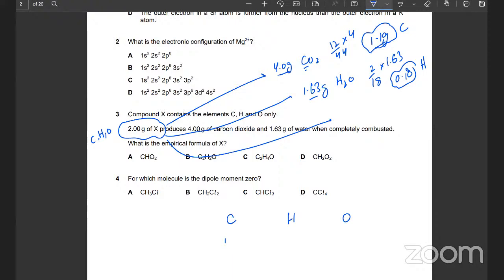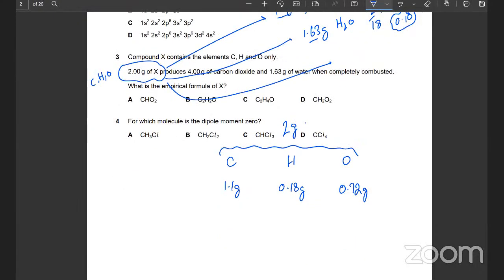So I've got 1.1 grams of carbon, I've got 0.18 grams of hydrogen, and they told us that the whole thing has a mass of 2 grams. So I'm going to subtract from 2. What do I get? 0.72 grams. Now I can figure out the empirical formula.